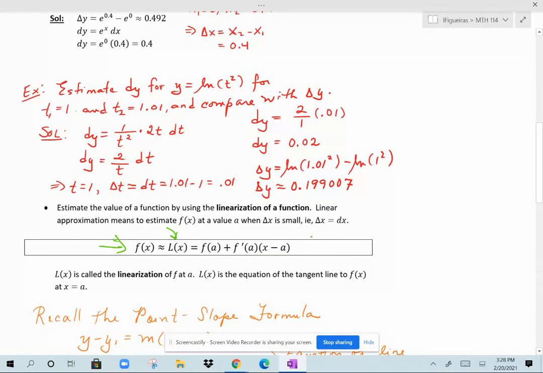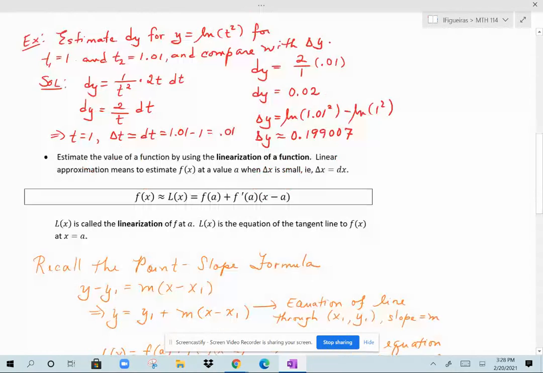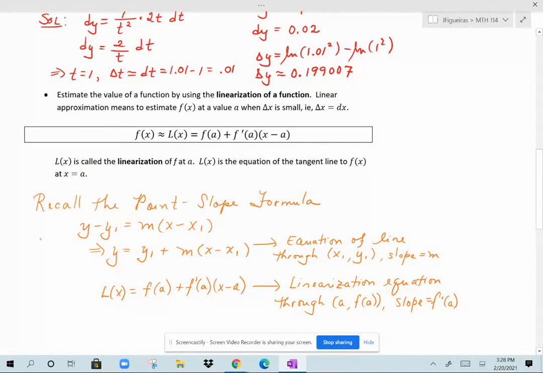Although this might look like a new formula to you, it's actually another formula that is closely related to the point-slope formula. So recall that the point-slope formula looks like this: y minus y sub 1 equals m times x minus x sub 1. If I solve this equation for y, then y sub 1 ends up on the right.